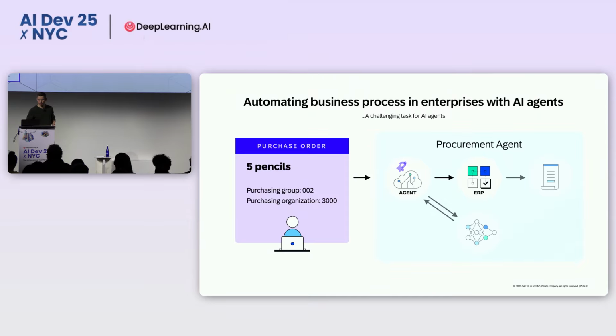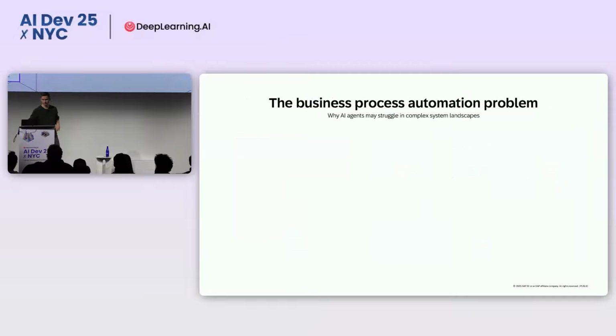Instead, what we do is we bring in a knowledge graph that provides rich and semantic context about the APIs, the services, as well as the business processes, such that the agent can then execute the task and do it as expected. So what are the two main challenges for the agent?